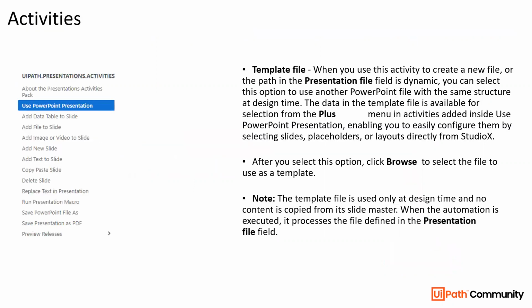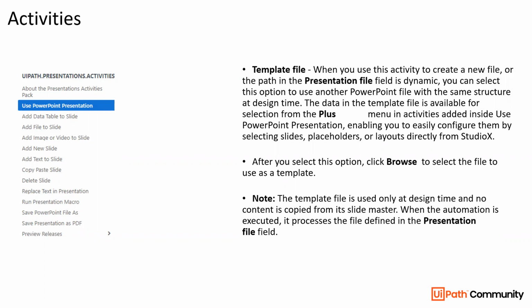When it comes to activities, there are a bunch of activities available, starting with a robust one, which is copy a data table into a slide. If you have tabular data, you can bring that either from Excel or from a web page directly into a PowerPoint. You can also add a file as an object, image, video, text, all these possible scenarios you can create.